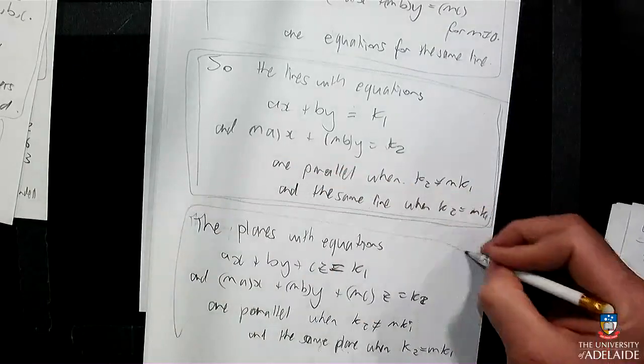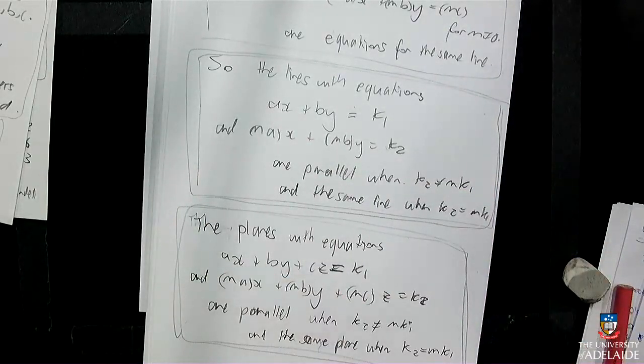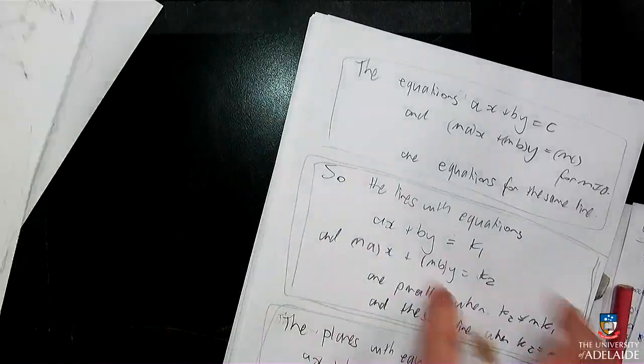And look, the idea is that if any one of the coefficients of x and y or z or whatever is not the matching multiple of the others, then they're not parallel. So just as a proper example of this, just to be absolutely certain that we know what's going on here.